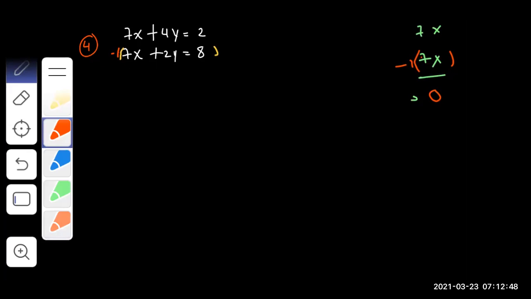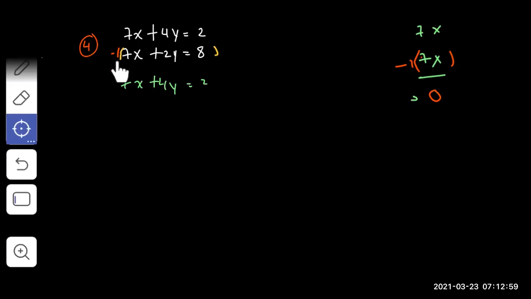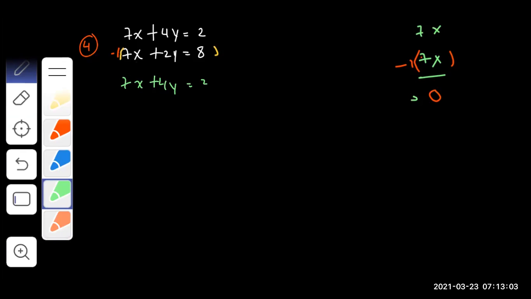Let me copy the first one. The first one is 7x plus 4y equals 2. And let's copy the second one now. This is going to be the new equation: -1 multiplying 7x. Yesterday, I taught you a trick. You can copy the numbers exactly as they are: 7x, 2y equals 8.